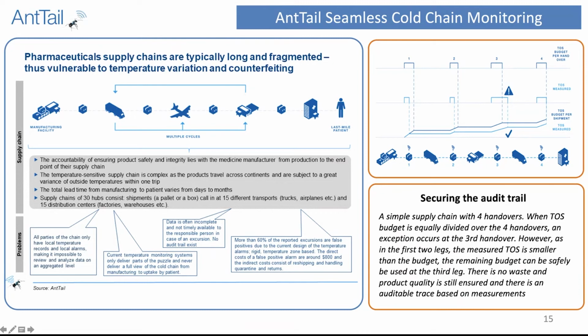But since we had budget left in step 1 and 2, this can still proceed down the line because it's not over the total budget yet. This saves pharmaceutical companies money, because you don't destroy product that's still good to use. I hope I make some sense.